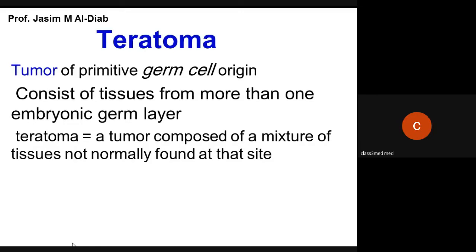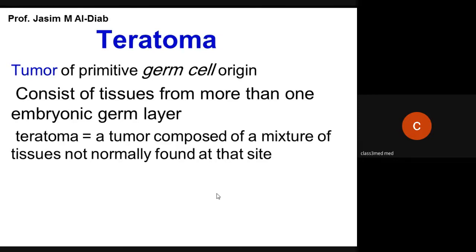The cell of origin of teratoma is the germ cells. It arises from at least two or three germ cell layers. What are the embryonic germ cell layers? Endoderm, mesoderm, and ectoderm.